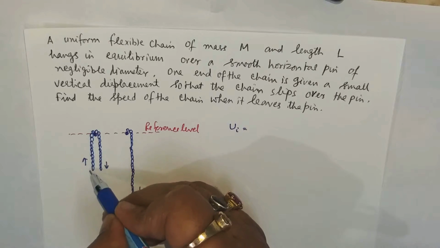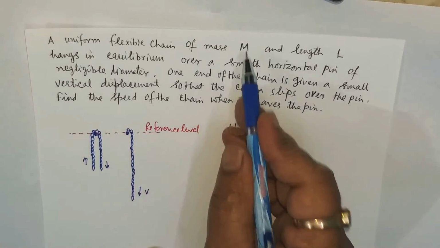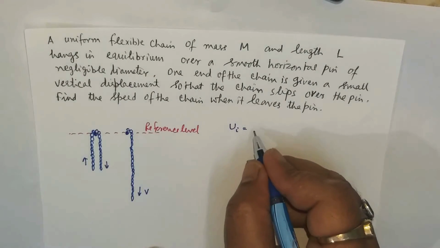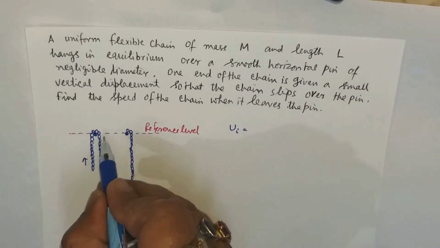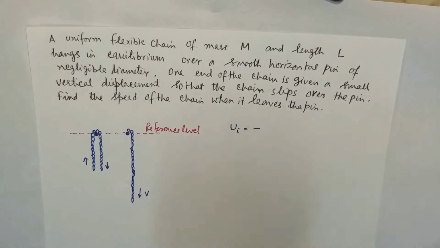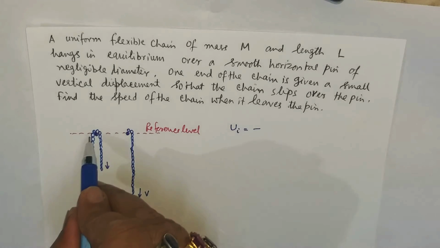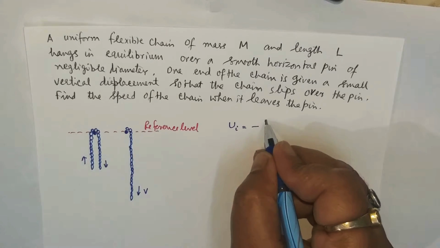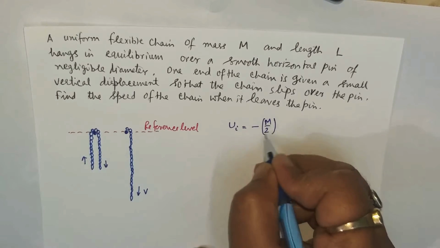This is one vertical portion, is it not? Then what is the mass? The mass of this part is half, that is m by 2. So, first of all, as the entire chain is below the reference level, put a negative sign. The gravitational potential energy will be negative. Then the mass of this portion is m by 2 into g.